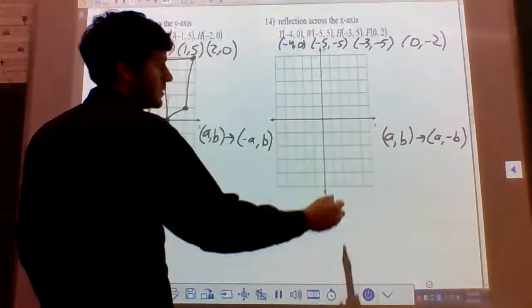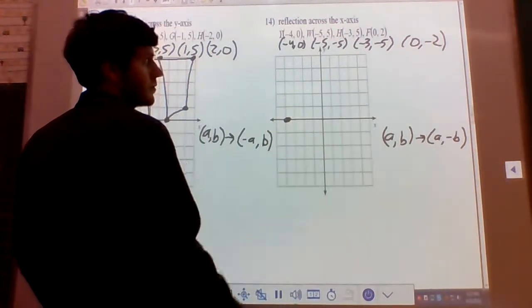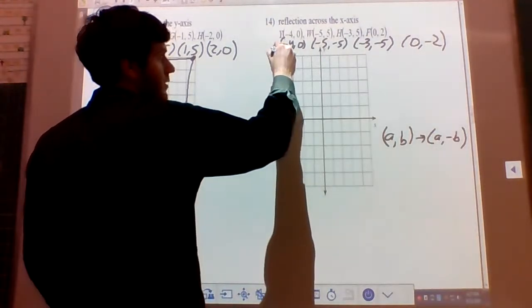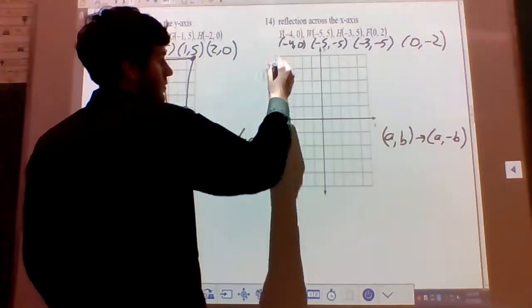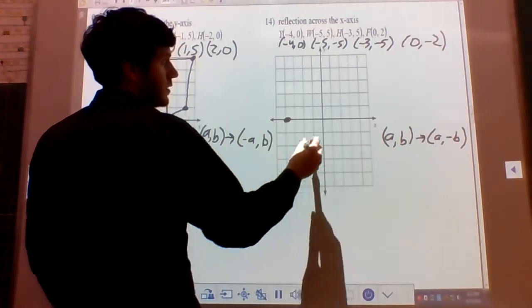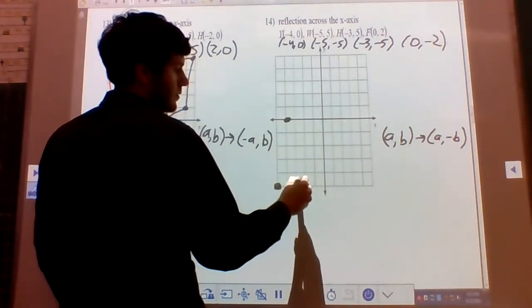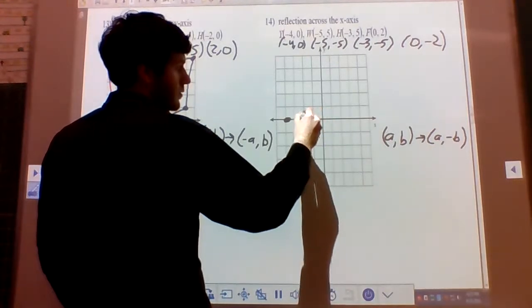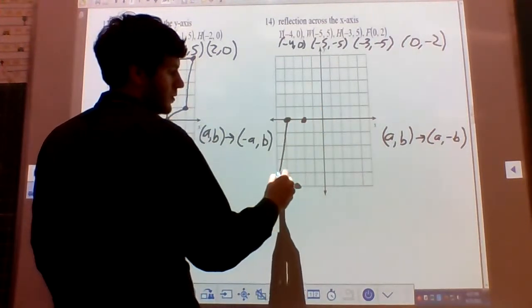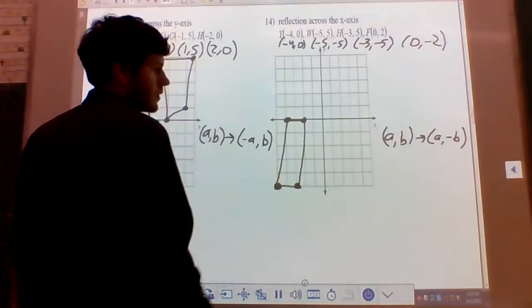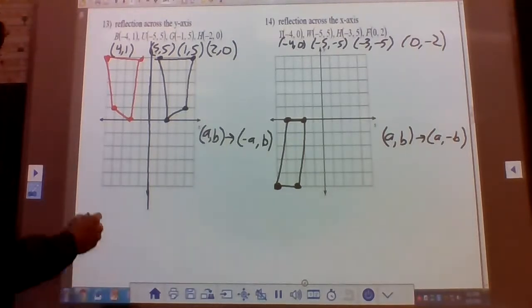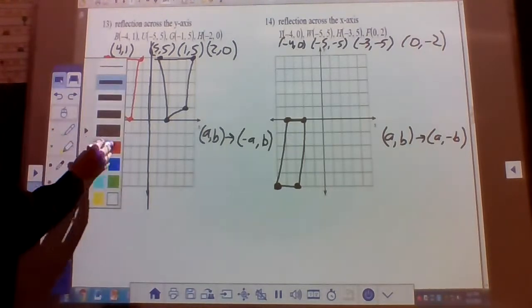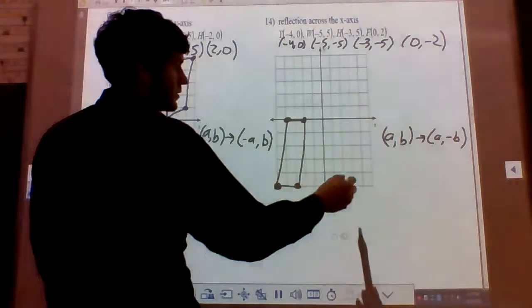So let's plot our points. (-4, 0). (-5, -5). (-3, -5). I'm sorry, (-5, -5) is down here. (-3, -5). And (0, -2). Okay. Again, if we want to graph the original, just to make sure it was good, right? We have (-4, 0).